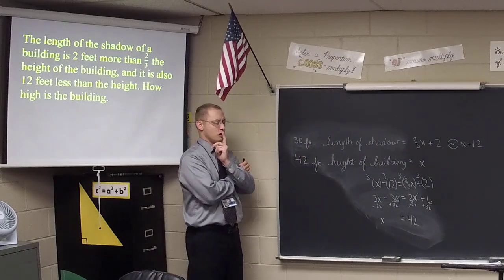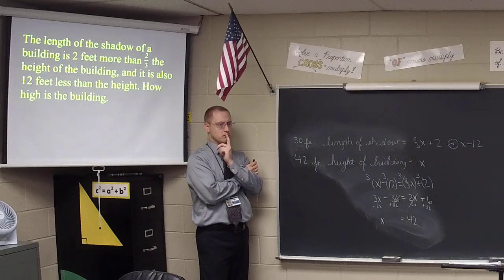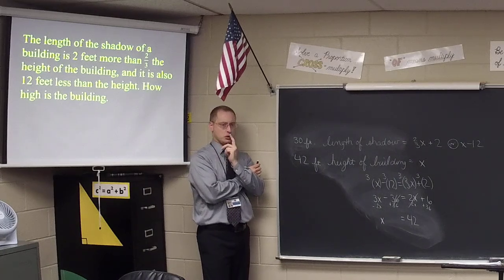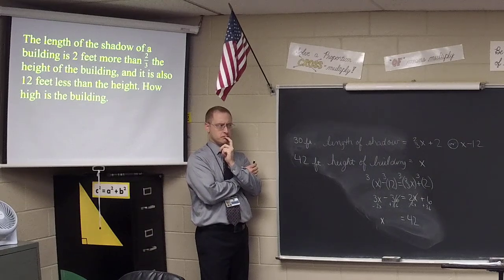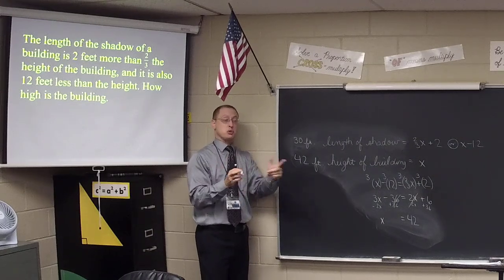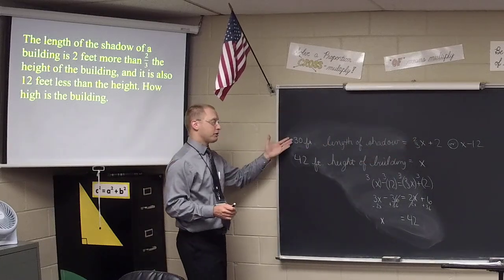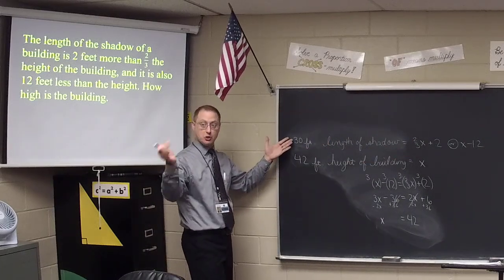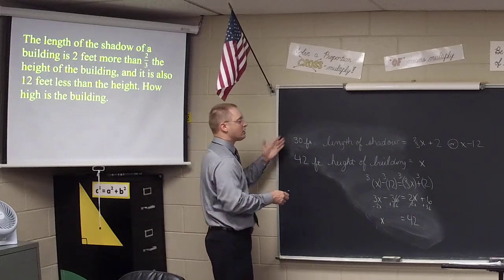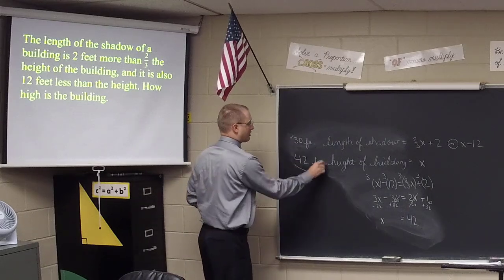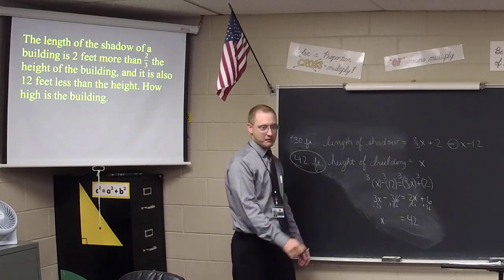What's 1/3 of 42? Divide by 3. 14, so 2/3 would be 28. 2 feet more than 28 would be 30. Right, a third would be 14, 2/3 28, 2 more than that, 30. So it does check out, but there's our answer. 42 feet is the height of the building.